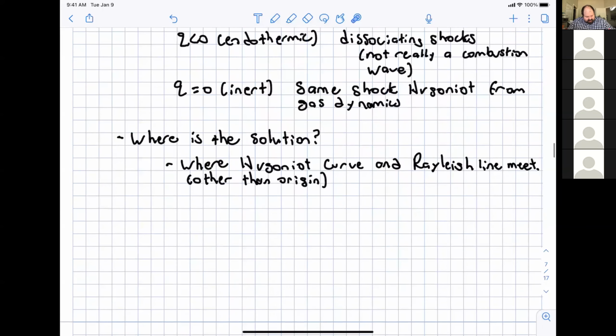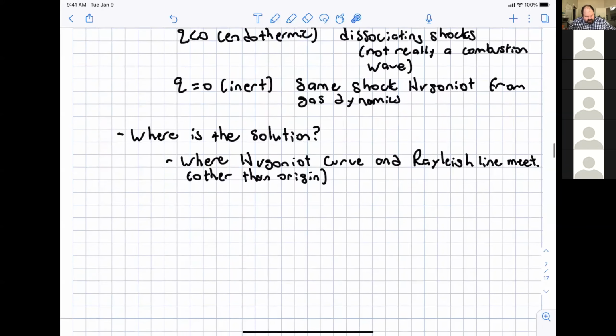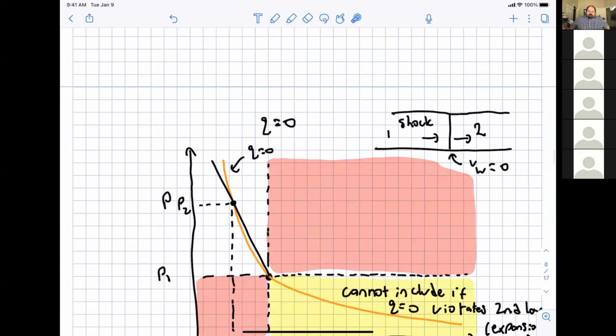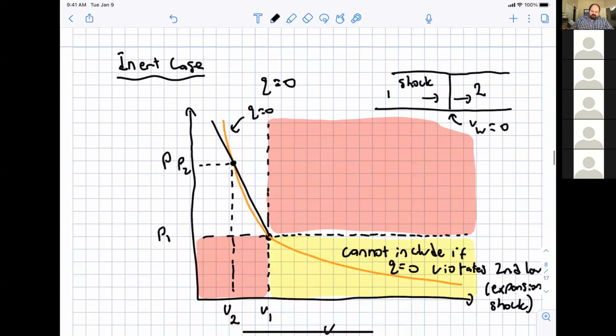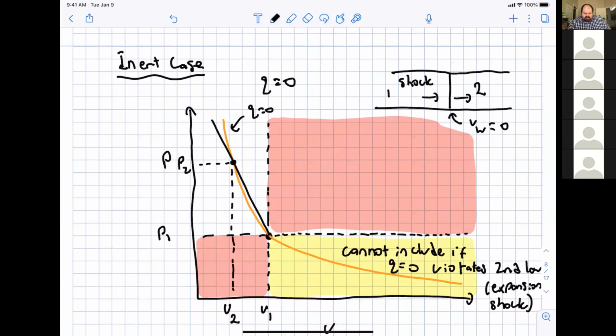Okay, so I've already talked about this. Now we're going to examine the inert case. Here we want to examine in more detail the case where Q is equal to 0.